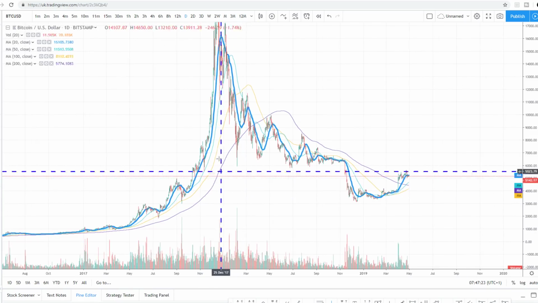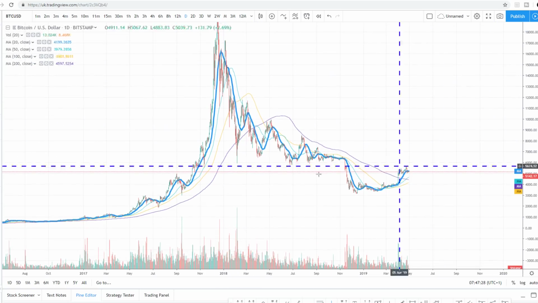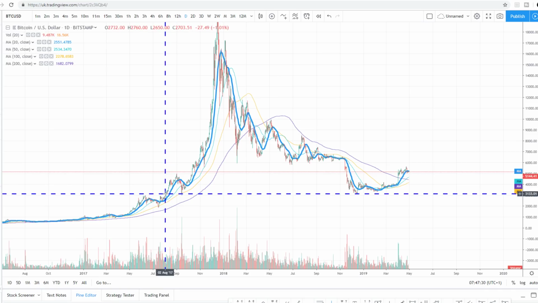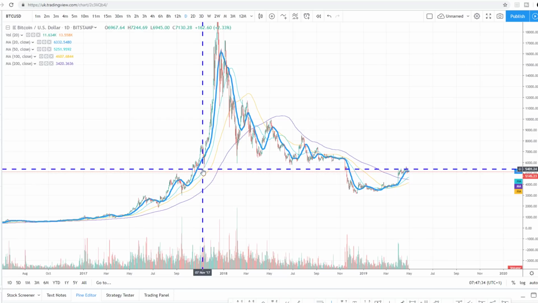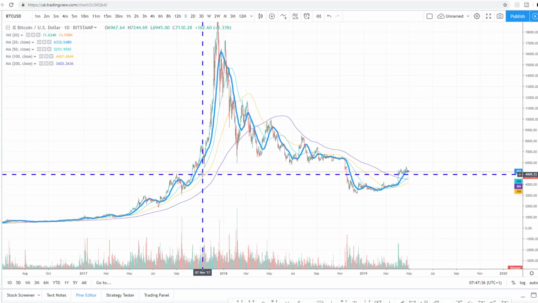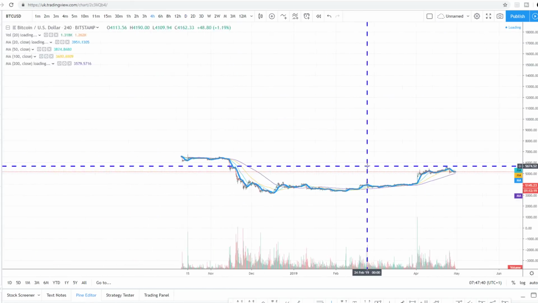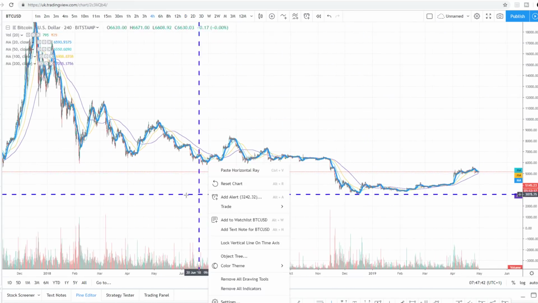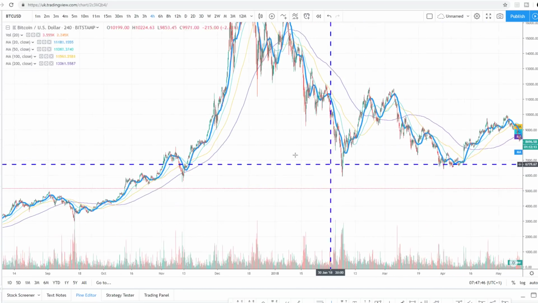That stacking started to roll over at around 9,000. But that is a confirmation of a very strong trend whenever you see stacking going on: 20, 50, 100, 200, all on top of each other. That's on the daily, but I wouldn't be surprised if we got that also on the 4 hourly.